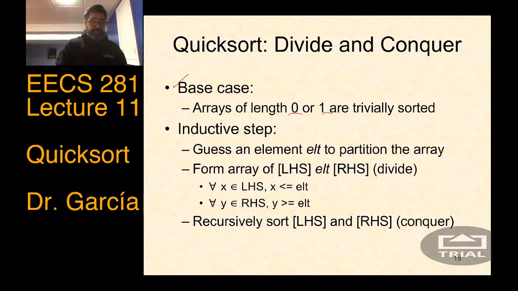Now you do have an inductive step. And that is that in whatever range you're given as input, you're going to guess an element. And this guess is going to be very important. But for now, just think of it as choosing a random value that exists inside the current range that I'm considering. Pick that and then partition over that element.